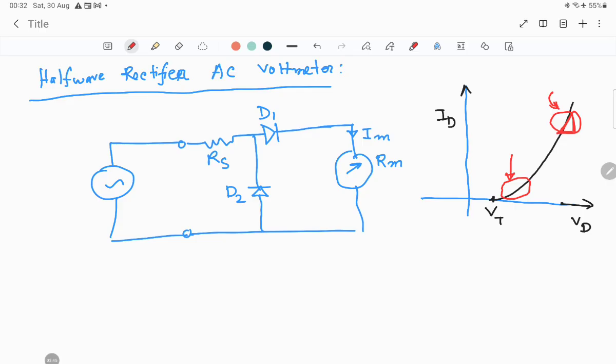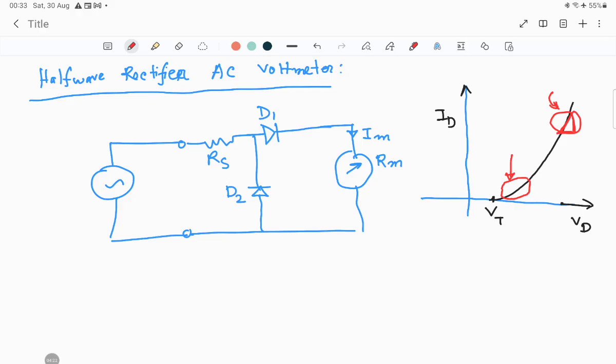In this non-linear region, if we try to operate this voltmeter, the ultimate result is that the scale will not work in a linear manner. There will be some non-linearity, and that is not acceptable, because whenever we are working with voltmeters, the scale should increase, and the values should be shown, in a linear manner, not in a non-linear manner.